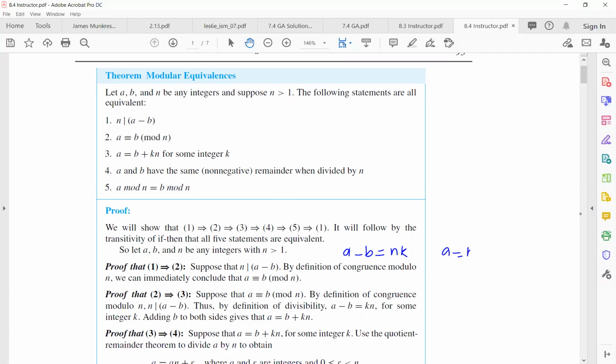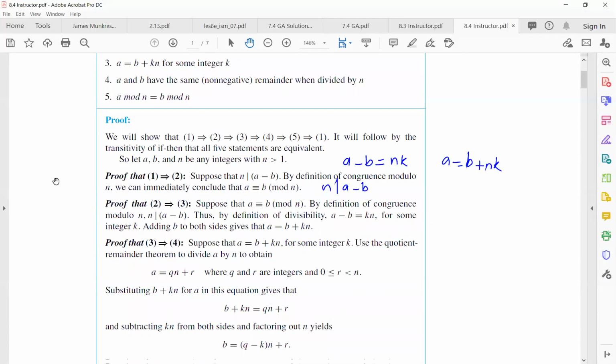So A is equal to B plus nk. So as you can see, A is congruent to B mod n. N divides A minus B. We can take 2 and start proving 3, which is officially just using the definition, and so forth.